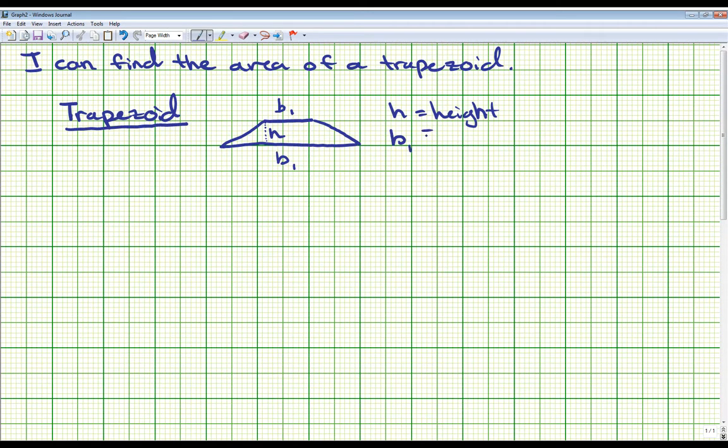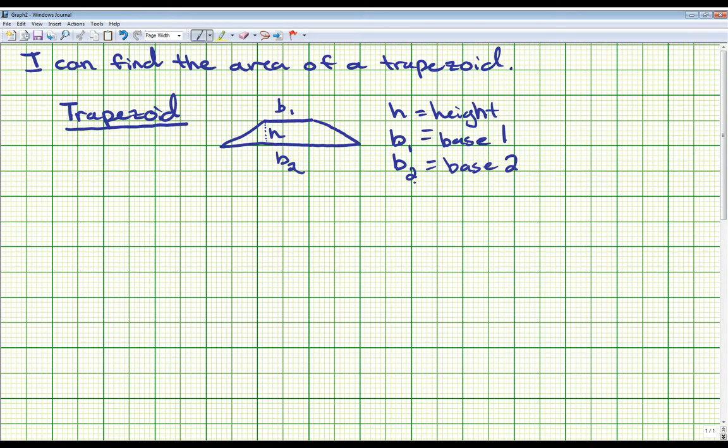Base 1 is going to stand for the first base, and it really doesn't matter which one we call 1 and which one we call 2. Excuse me, that should have been a 2. Base 2. So you need the height of your trapezoid and you need two bases in order to find the area of a trapezoid.